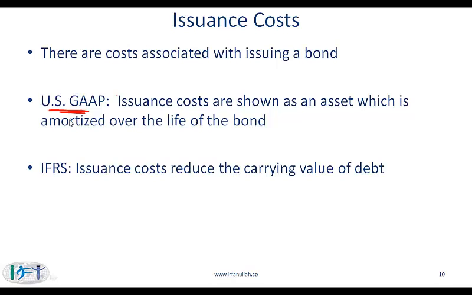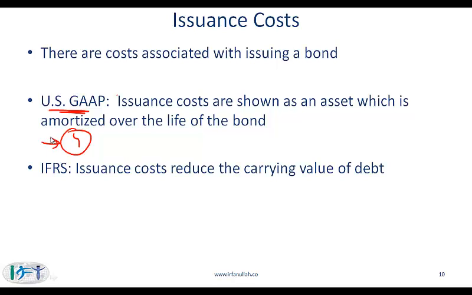Under US GAAP, issuance costs are shown as an asset. So for example, let's say that a company issues a bond with a par value of 100. Let's say it is also issued at par. And let's say that the issuance costs are 4 for a $100 bond. This 4 will be shown as an asset on the balance sheet.